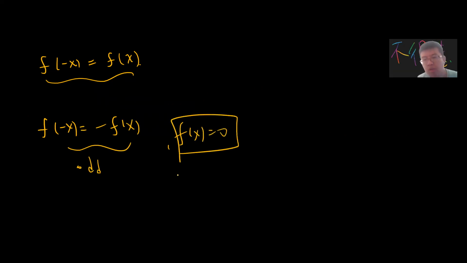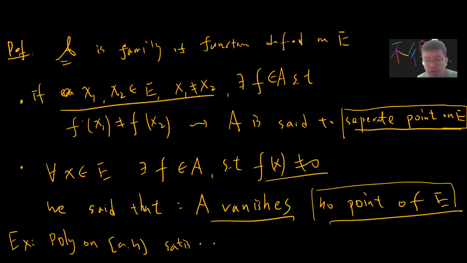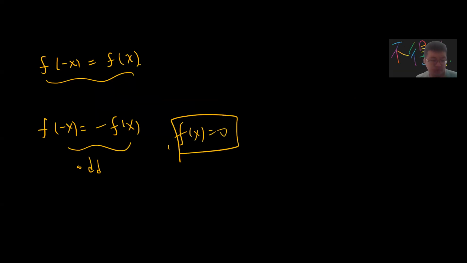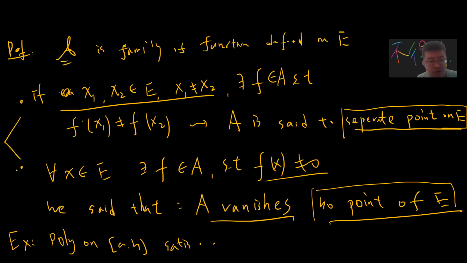Also, if you're talking about odd functions, f(0) is always 0. So even functions vanish at no point of E, but do not separate points on E. Odd functions separate points on E, but vanish at some point of E. You can see that these two are very interrelated in the polynomial case.